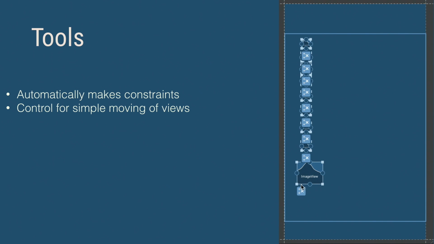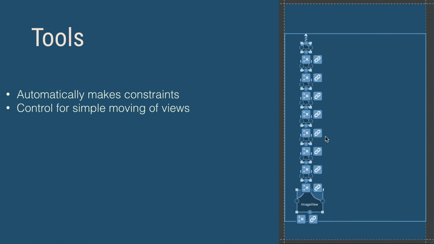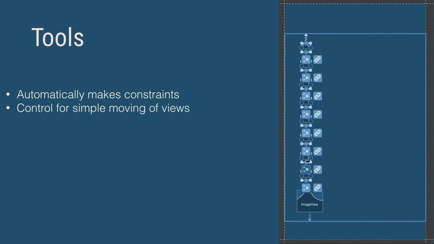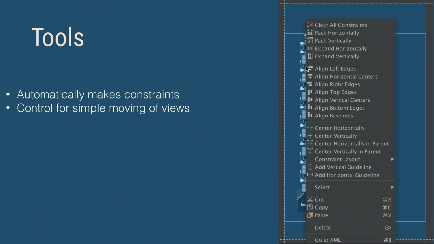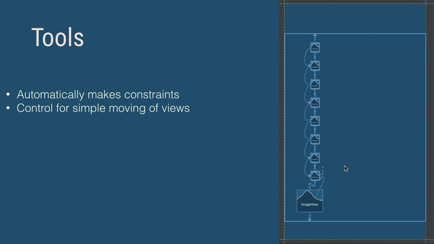And here you'll see an example where I select a bunch of them, I make them into a chain, and then I select a subset of those, and I say left align those. And then for this one, I manually drag and create it.